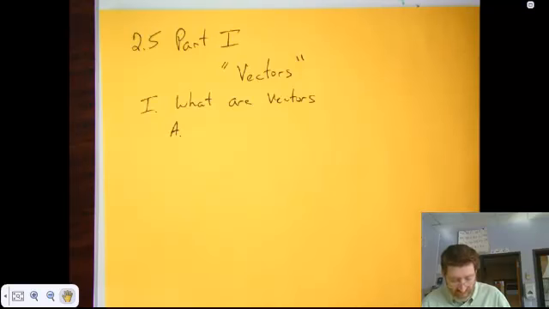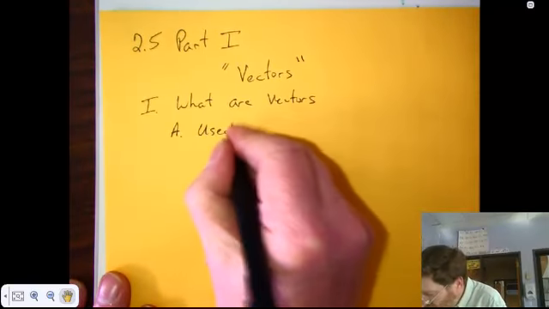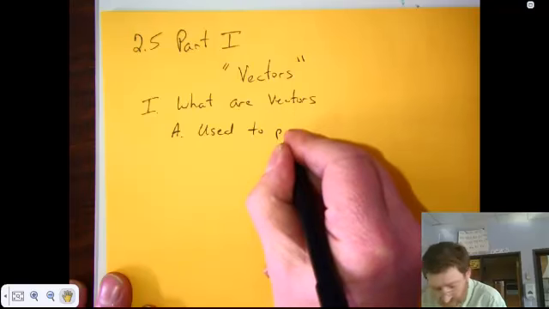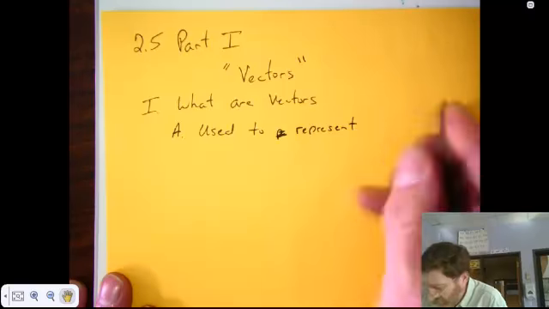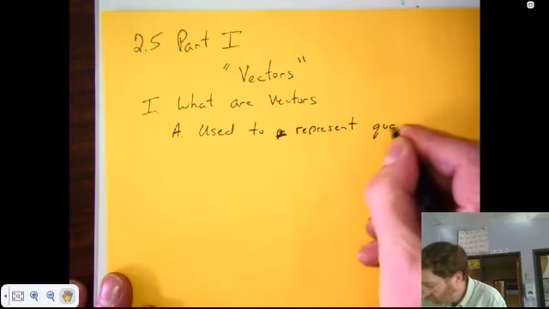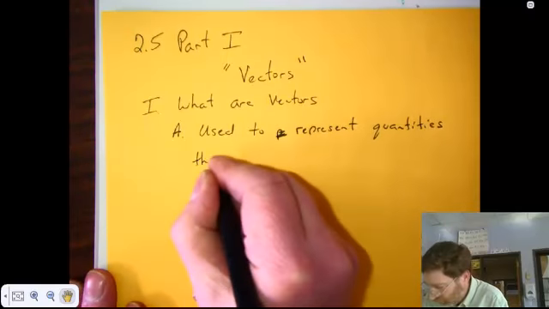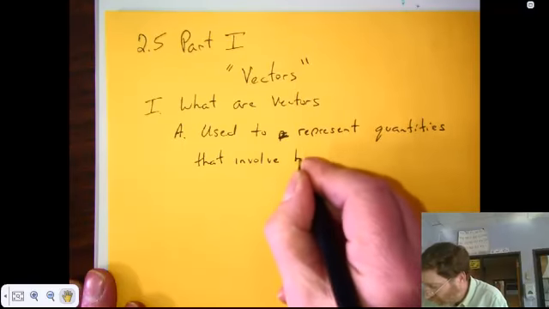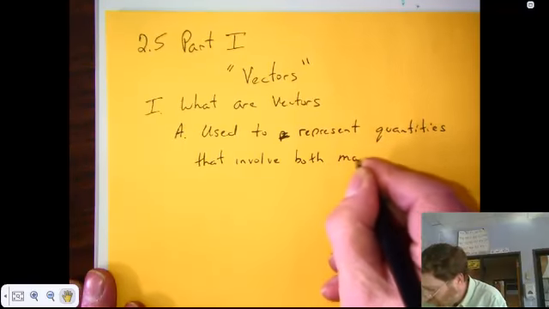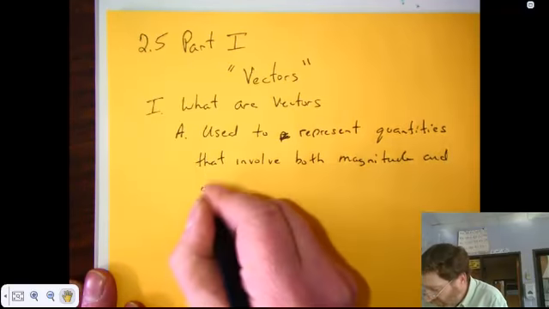Or we can look at not only distance or displacement, but speed and velocity. So these are used to represent quantities that involve both the magnitude and a direction.